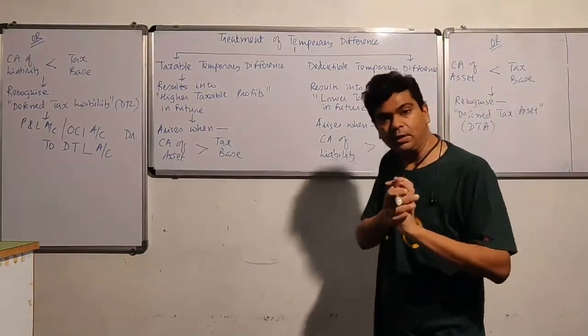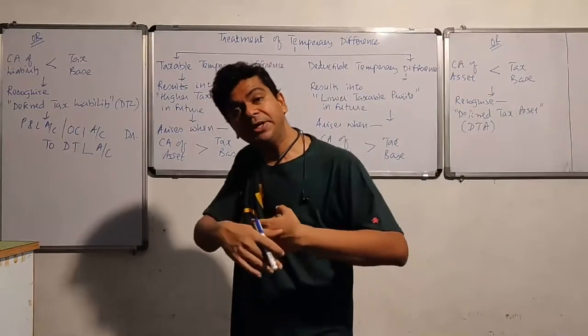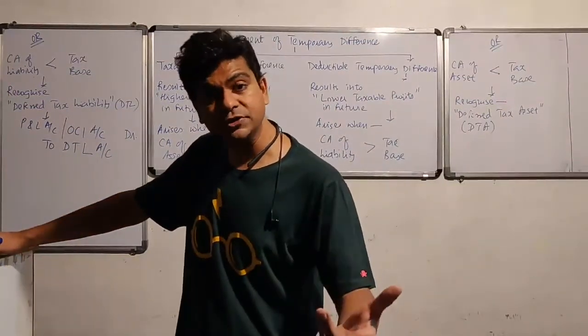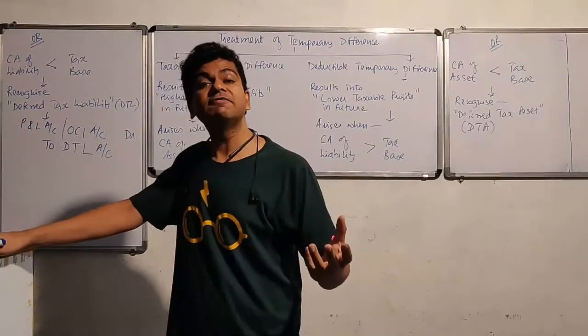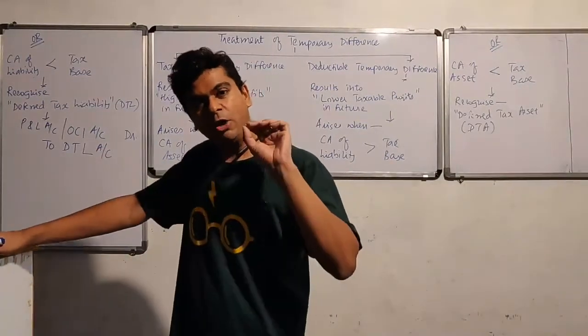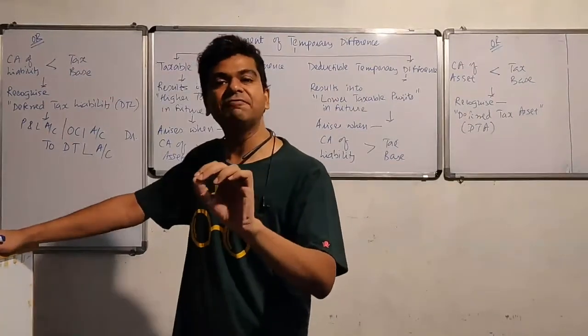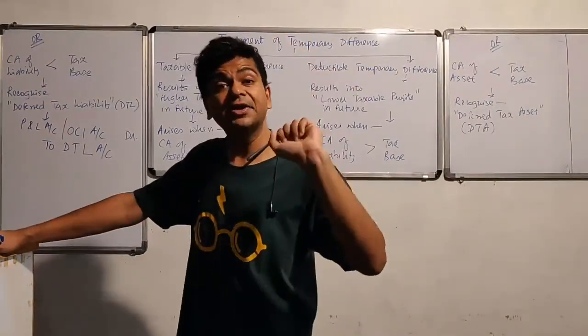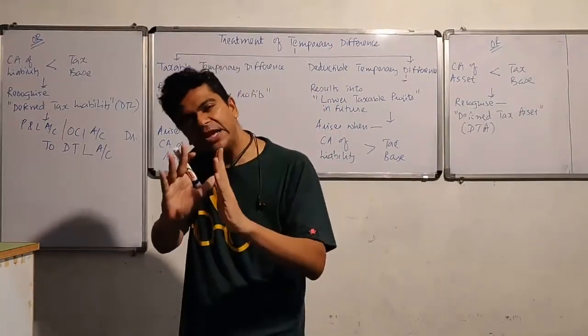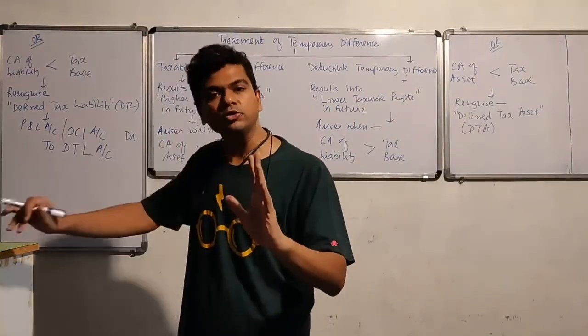One more example. Let us say you have made an investment in debentures or an investment in bonds, right? And let us say you have classified that as fair value through other comprehensive income. So I have made an investment, I classify that as FVOCI. I'm talking about Ind AS 109 right now, financial instruments. In case you have not done financial instruments, just hear me out on what I'm trying to say.